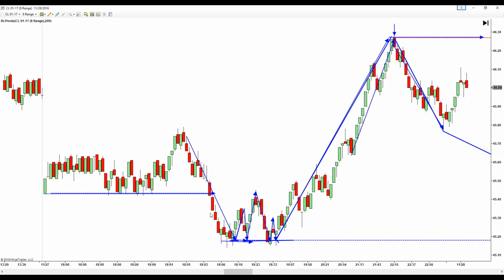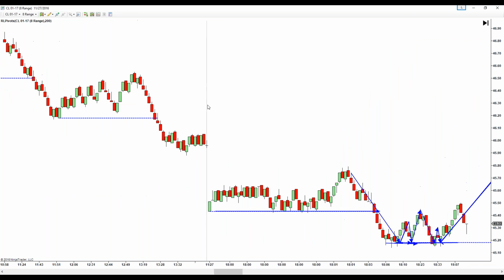Now remember, each time the pivot is hit, it does weaken. And in general principles, the third time a pivot is hit, it may be weak enough to break. But in our trading methodology, we don't anticipate that a pivot is ever going to break except under the following circumstances.